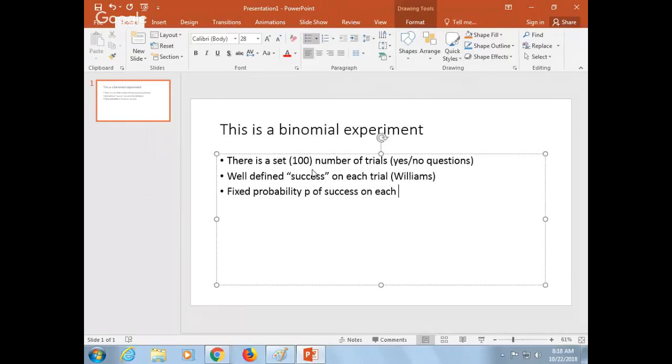That means there's this 48% chance in this case that any single person we contact is going to be a Williams voter. The first person is 48%, the second person 48%, the third person 48%. It's a set probability.